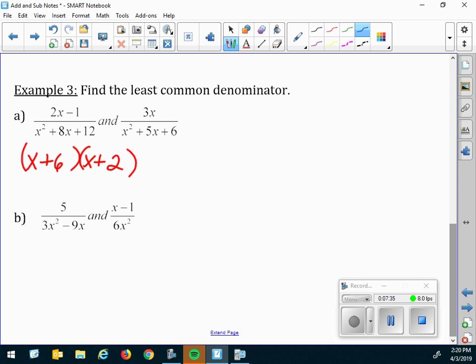How does this one factor? x plus 3 times x plus 2. Now, to find your least common denominator, do you see any factors that are the same? x plus 2.